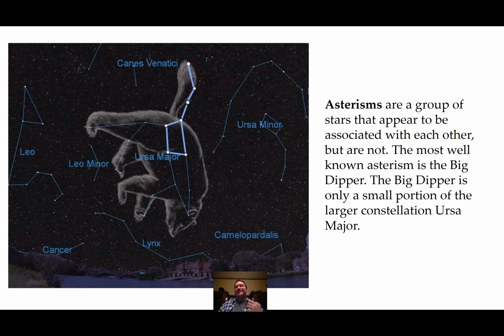It's just very distinct in the night sky, so it's very easy to see, and that's why they call it the Big Dipper. But if you go through the entire constellation, you can see that there's actually so much more to it. So in other words, an asterism is just a small portion that makes out a shape of a much larger constellation. Okay, so that constellation that we looked at right there is actually Ursa Major.